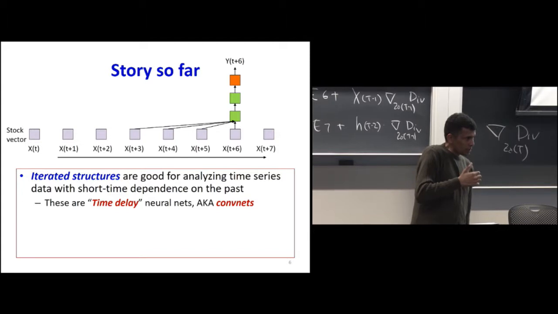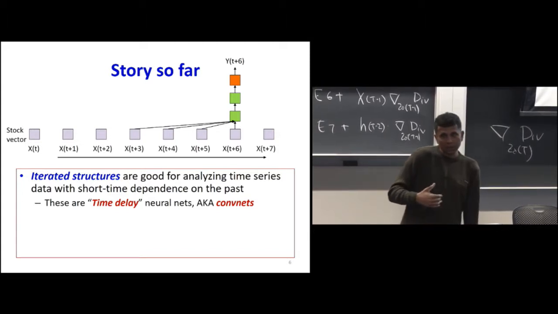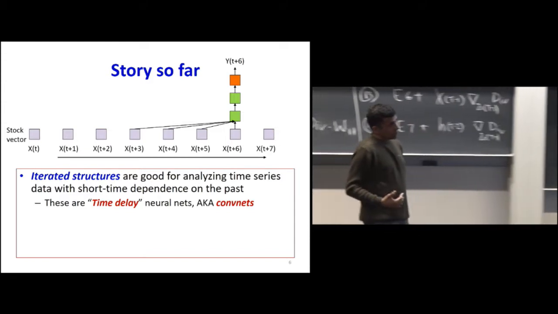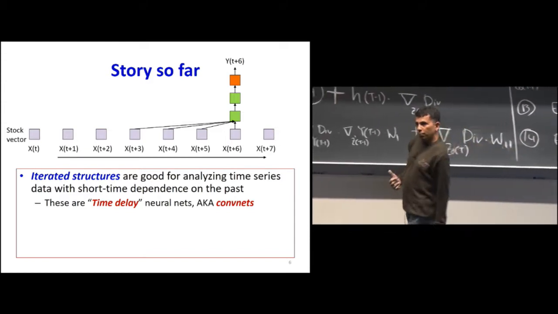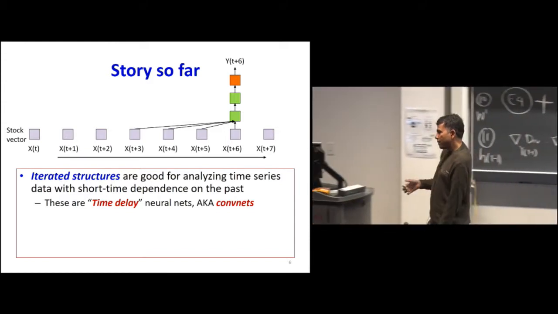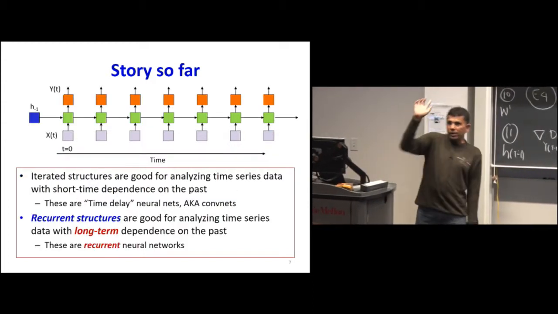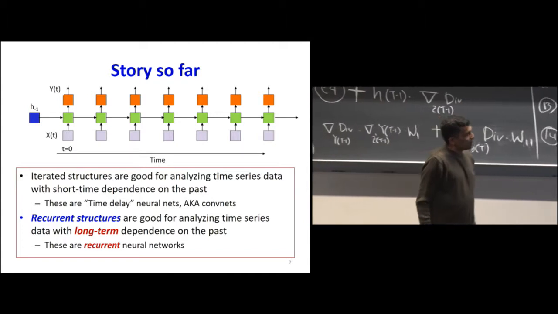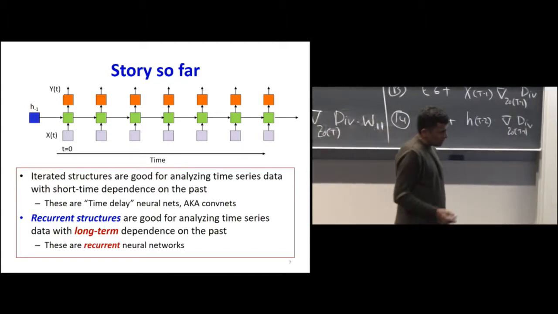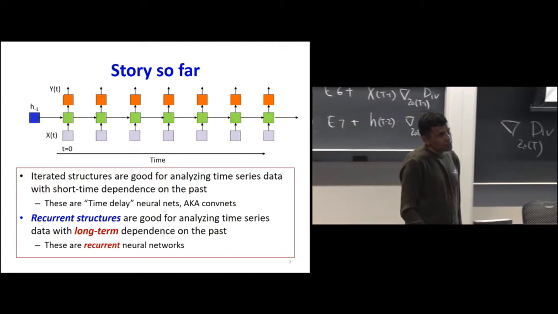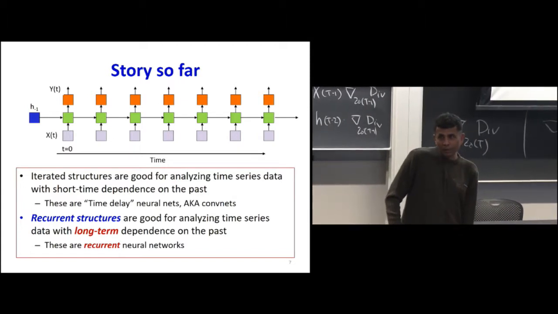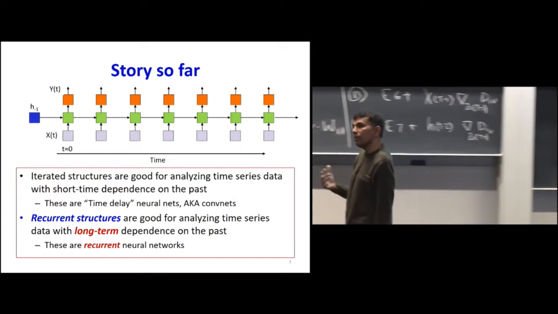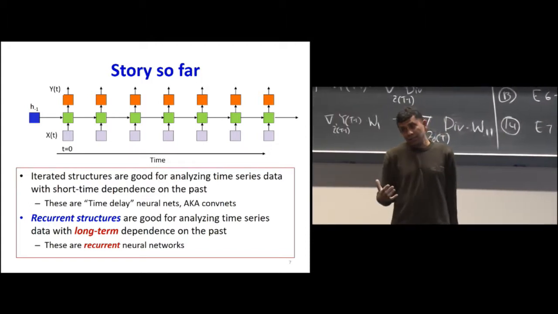Instead of just looking at the current input, you could look at the current and past several inputs and make your prediction. But we figured that if we want to look at the infinite past, the thing to do is to have recurrence. Turns out this is not the only thing that recurrent networks are good for. This is a very nice way of presenting this story, but they're actually much more powerful than simple flat structures.